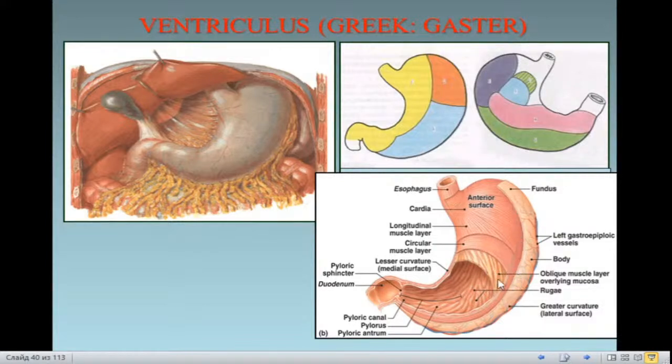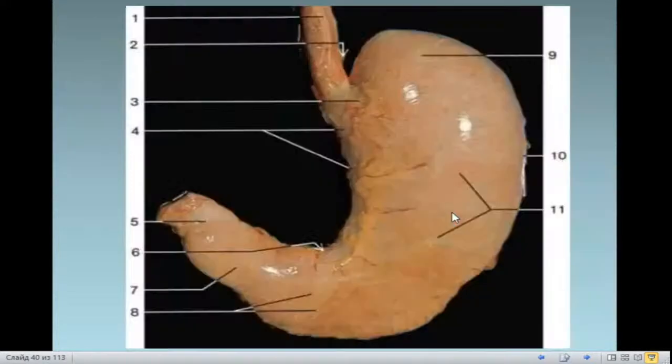These are longitudinal and these are oblique because of the irregular shape of the stomach. You know from your experience that the stomach is a very stretchable organ, therefore oblique fibers are necessary as well as circular and longitudinal. So here is the natural sample of the stomach.